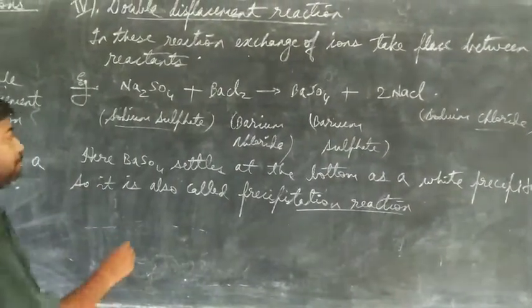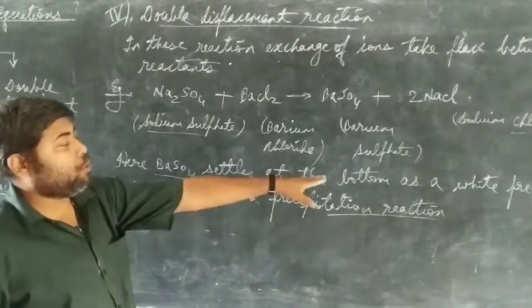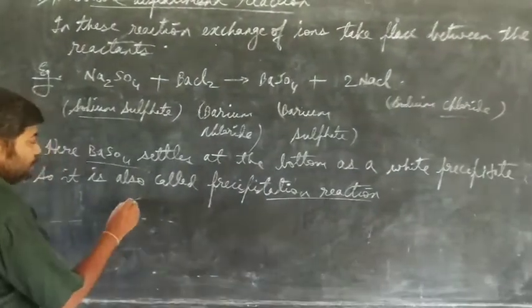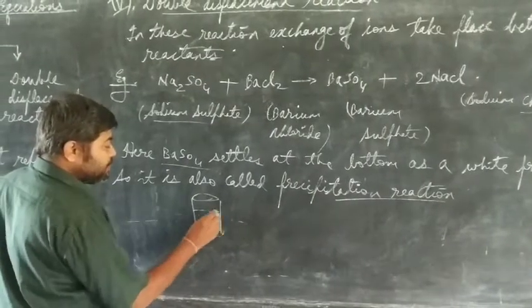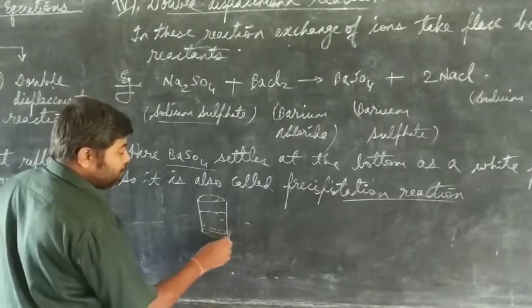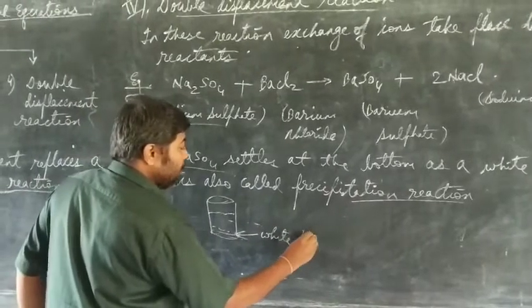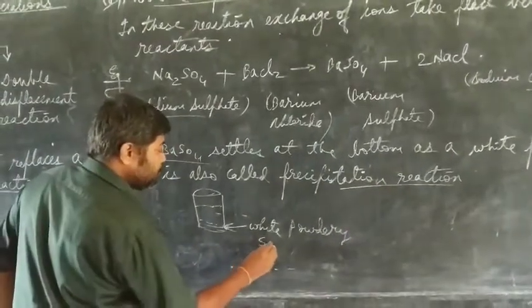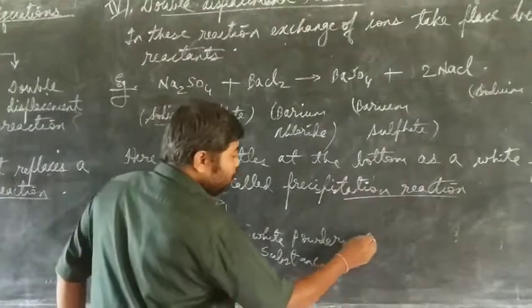Here, barium sulfate, BaSO4, settles at the bottom as a white precipitate. Precipitate, you know. For example, this is a beaker, and when the reaction takes place, then you will find here some white powdery substance.